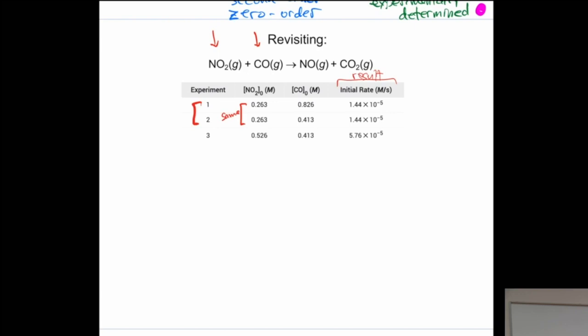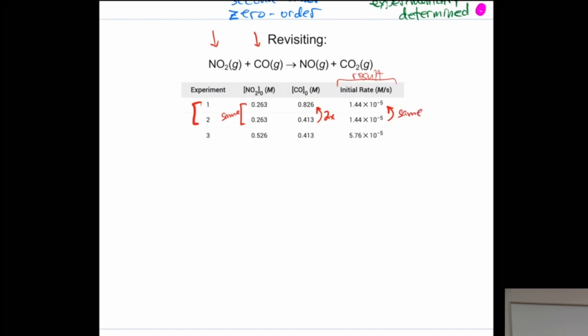So if we don't change that, and all we do is change the CO initial concentration, that's what the sub-zero is, look what we're doing. In this case, between experiments 2 and 1, it's changing by twofold. We're doubling the CO concentration. Okay? So this doubles. When that doubles, what happens to the rate? It didn't change.